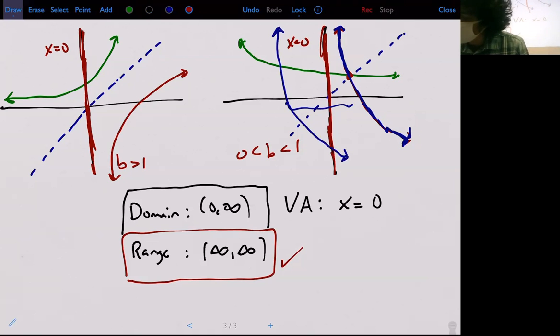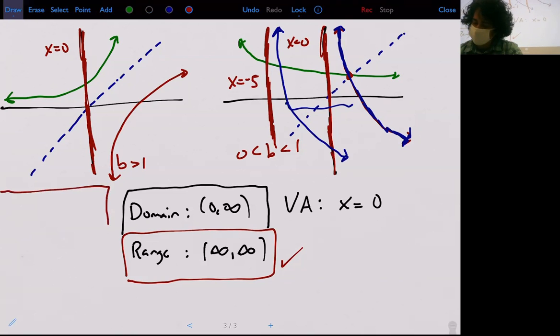And what happens to the vertical asymptote is it shifts along with it. So our vertical asymptote is now x is equal to negative 5. And what this tells us is that horizontal shifts determine our vertical asymptotes.